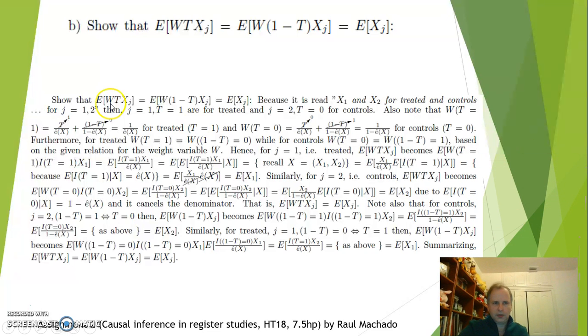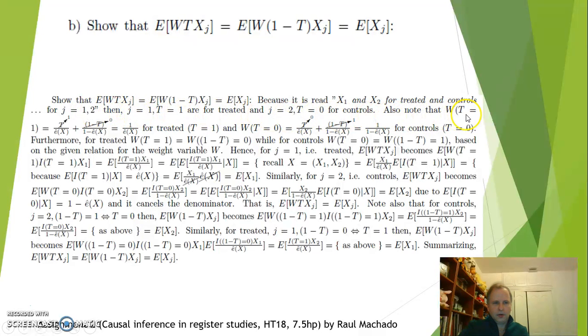This is explained by itself, but let me go through it a little bit. Show that the expectation, this is the weight, this is the treated indicator, and this is one of the covariates. Notice that it says this is the covariate for treated and control. So we're done with j=1 and 2, that is, this is for the treated and this is for the control.